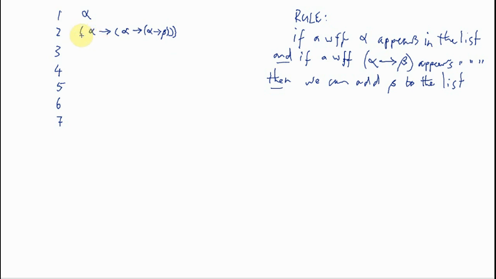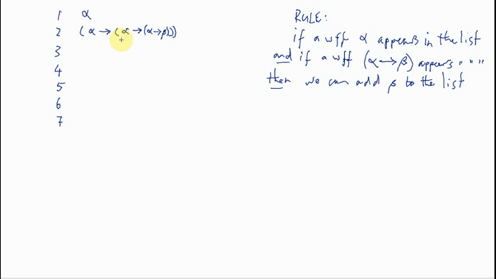It is a wff because it can be formed by an application of our formation rules. We know that alpha is a wff, and therefore alpha arrow beta, this is our beta here in this case, is a wff.